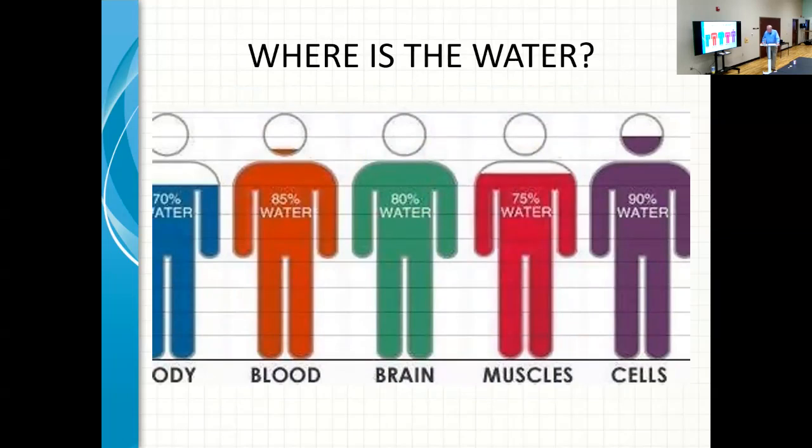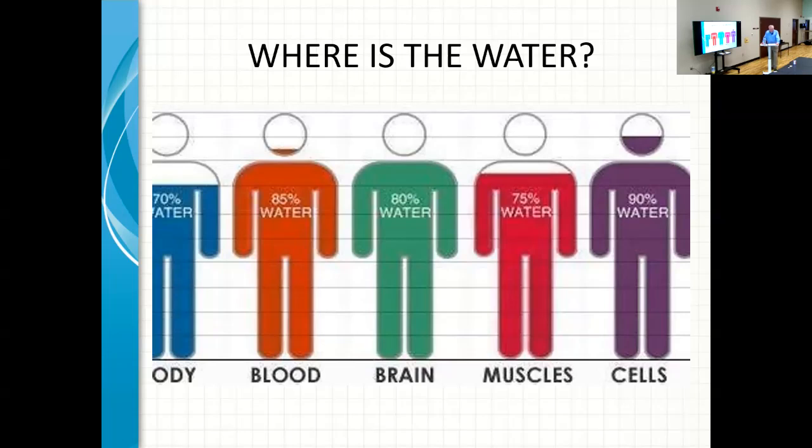Okay, where in the body is all the water? This slide is kind of lost a little bit off the side there. The normal body will have about 70%. And in the blood plasma, it can be as much as 85, 90%. The brain, 80% hydration, and muscles as well.